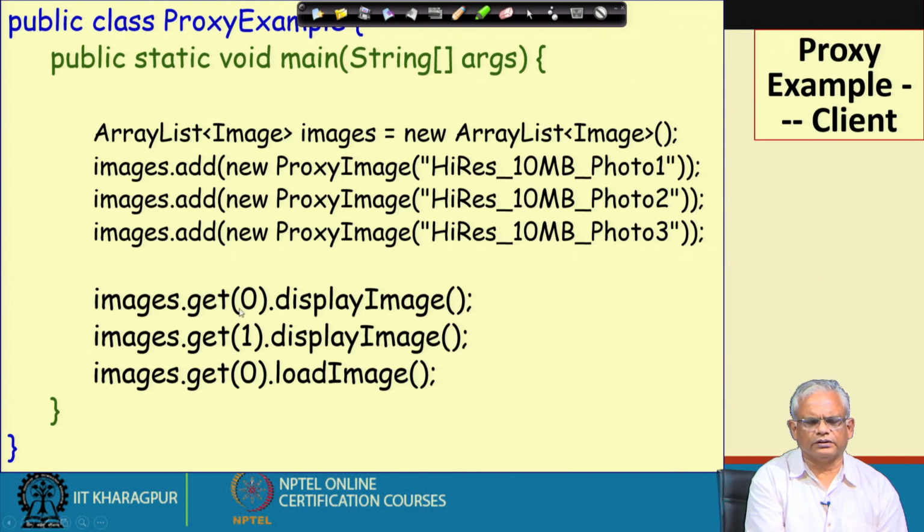And then on the array list we just access the objects at 0, 1, and then we can call the display image or the load image, and these are just the proxy here. Just look here that actually the array list is images, but it contains only the proxy, and only when needed the actual image will be loaded and displayed.